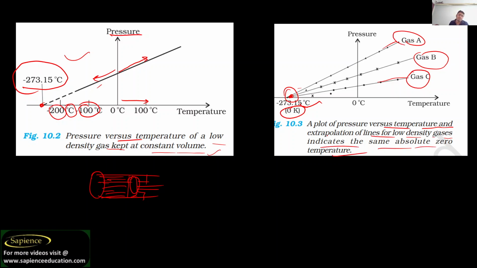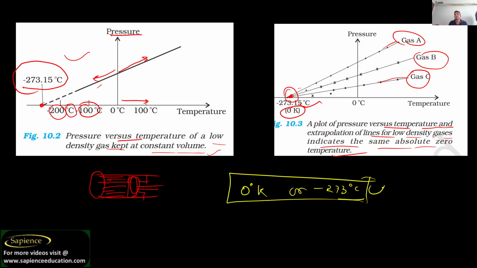So the absolute temperature of all gases in the universe is zero Kelvin or minus 273 degrees Celsius. So this is all about absolute temperature. Absolute temperature is fixed. It does not vary with respect to different types of gas, gas A, gas B, and gas C.